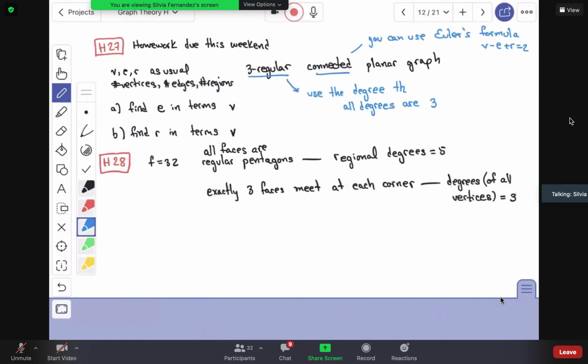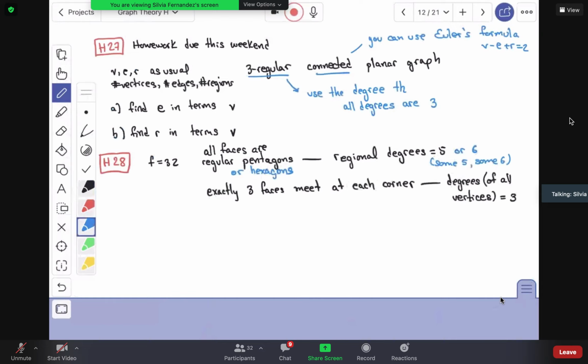It says all faces are regular pentagons or hexagons, so regional degrees are 6 or 5. Some 6, some 5. I didn't finish reading the sentence. And then they're asking you how many of each there are.